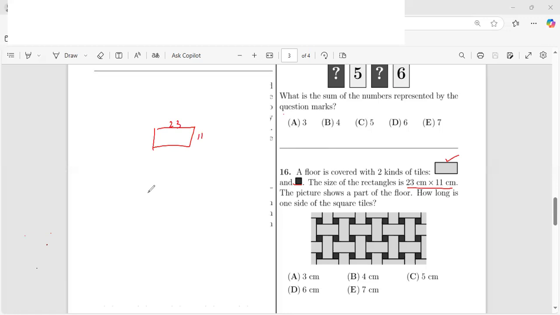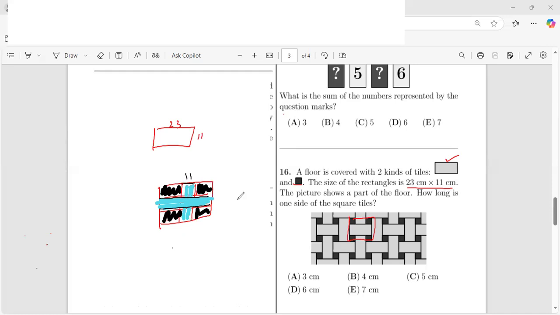How long is one side of the square tile? So if we take this portion, like for example, if we draw this, okay, so we can see this, and this is the rectangle, and this is the square. Let's just color it. This is the square, and I just color the rectangle as say blue. So this is one rectangle, and this is the other rectangle. Now, basis the information that's given, this whole thing is 23, and this is 11, correct?